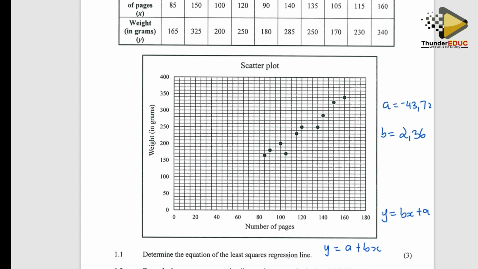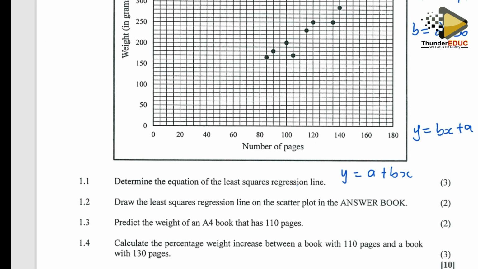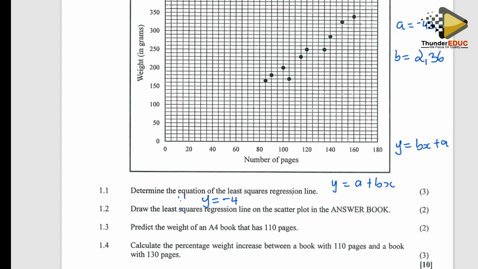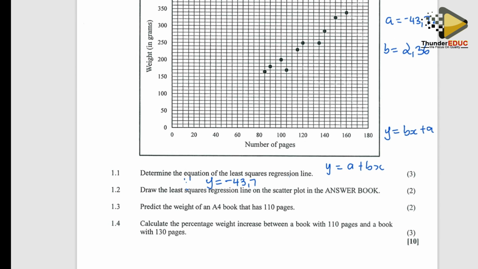So now my equation is going to be y is equal to negative 43.72. Let me erase this once and rewrite it.